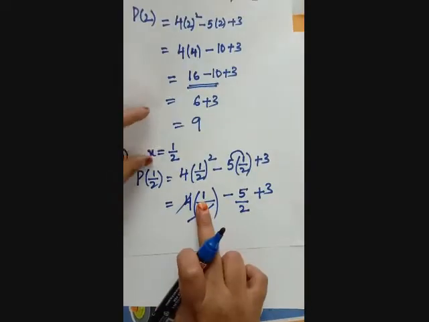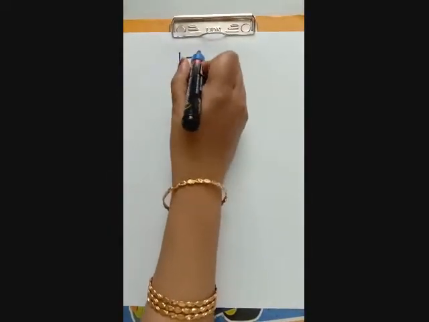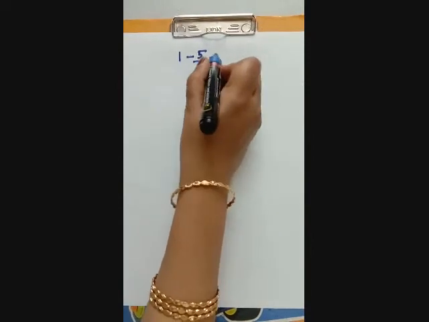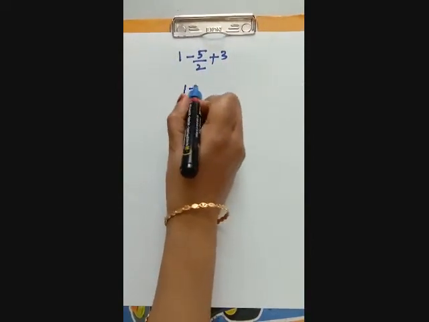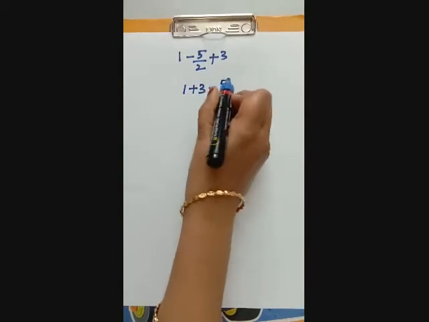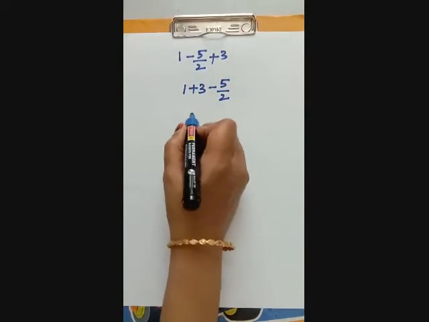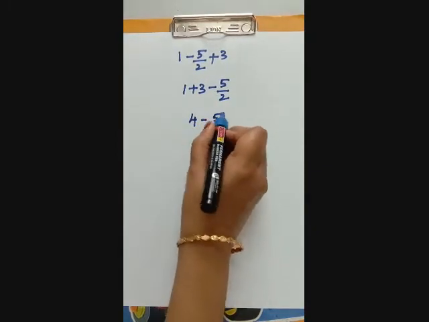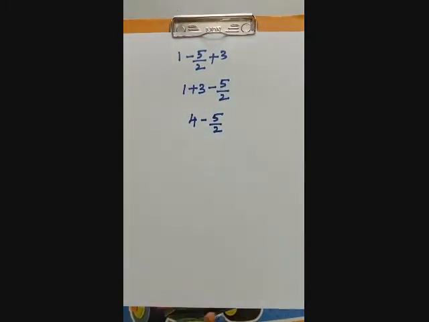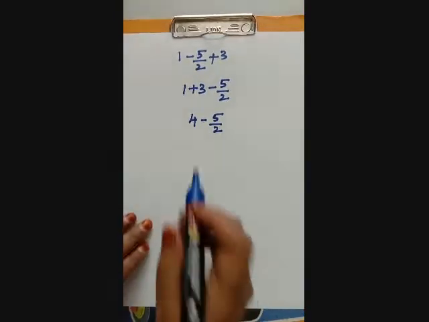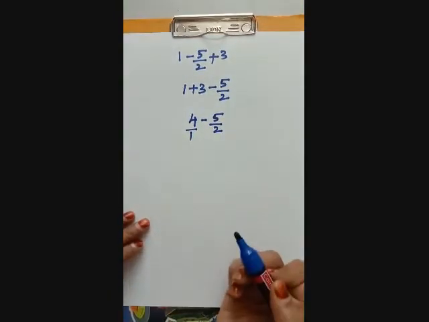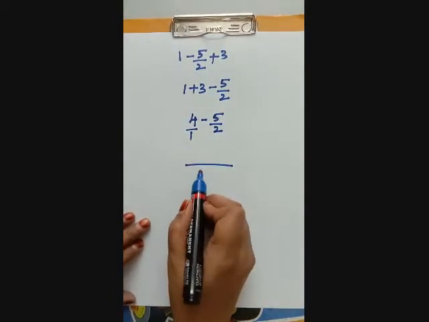See, 1 minus 5 by 2 plus 3. So 1 plus 3 minus 5 by 2. I am just arranging it so that 3 plus 1 is 4 minus 5 by 2. This is the simplification which you have learned in 5th class. Put 1 in the denominator. The LCM is 2.